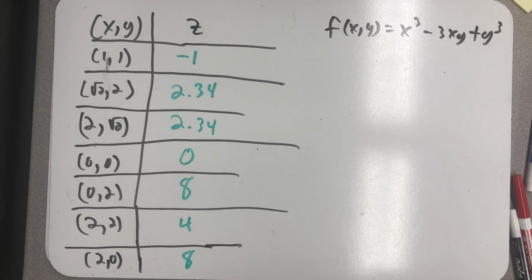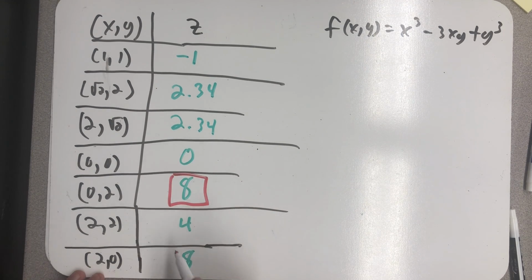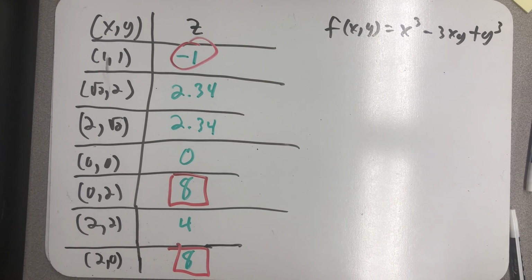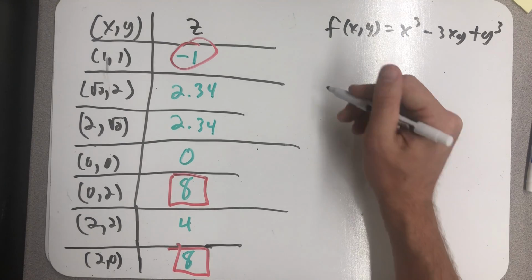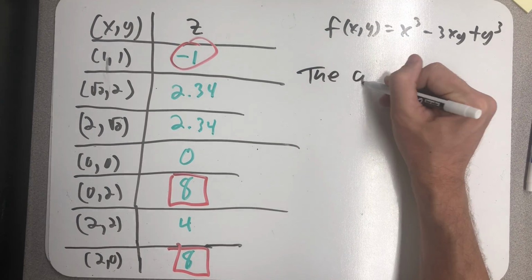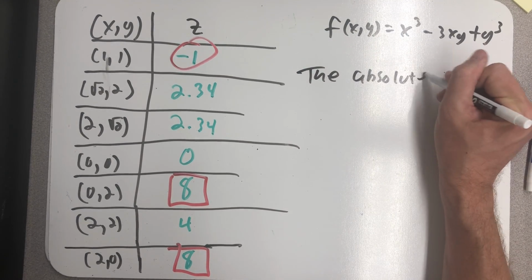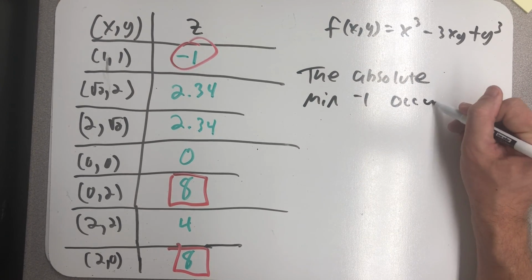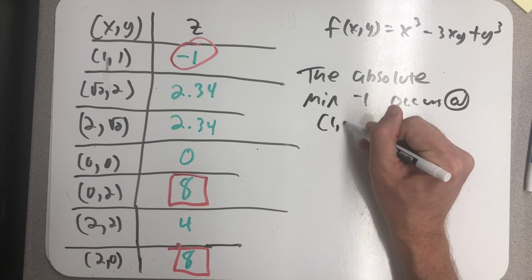The largest thing in my table belongs to my absolute max. That happens twice over this particular domain. And then this value must be my absolute min. The absolute min, minus 1, occurs at 1, 1.